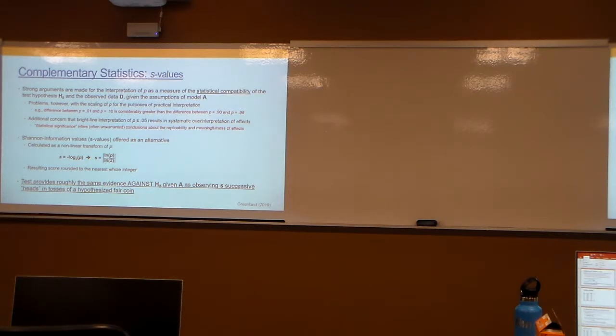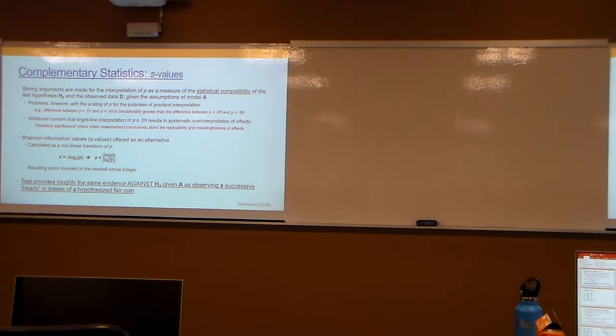But these Shannon information values, or S values, are offered as an alternative way to interpret our p and think about strength of evidence against our null hypotheses, because this is really where it comes down to, right? We're not thinking about, oh, the null is not true or it is true. We're thinking about how much evidence our data give us against the null hypotheses, and thinking about this in terms of a continuum. So an S value, we can calculate as a nonlinear transform of p. Greenland gives S as the negative log base 2 of p.